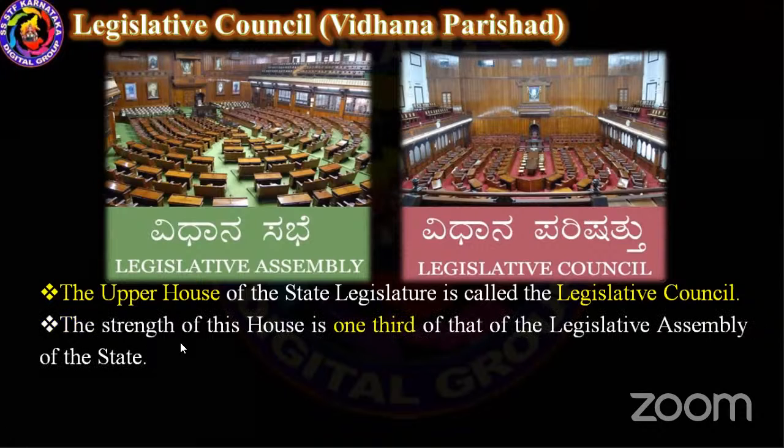The strength of this house is one-third of that of the legislative assembly of the state. The state legislative council members will be one-third of the legislative assembly members.